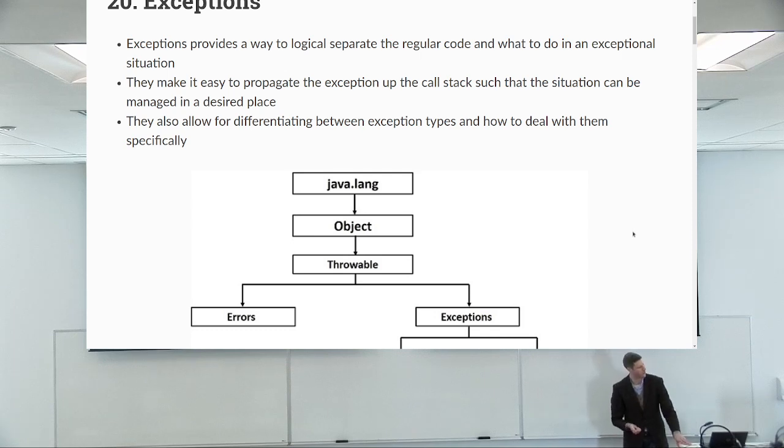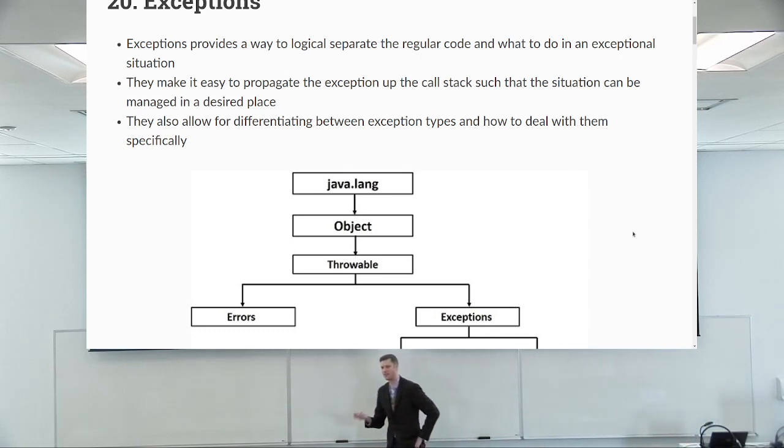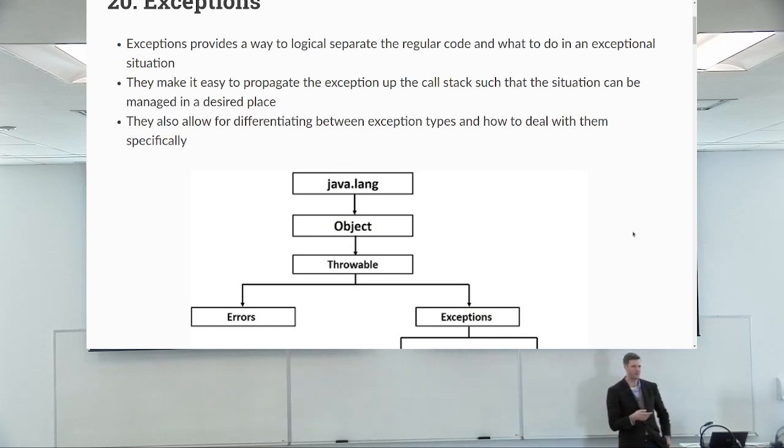I'm trying to remember the example, but what happens if you specify an index that's too big? Well, you get an array index out of bounds exception. What happens if the element doesn't exist? Well, you get a no such element exception or whatever. So the different exceptional situations could result in different types of exceptions, which is also kind of nice. It gives us a way to differentiate between them.